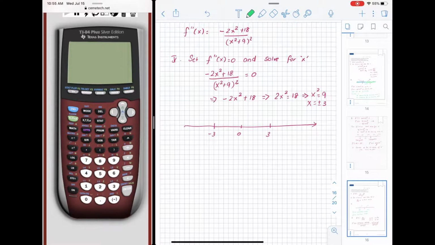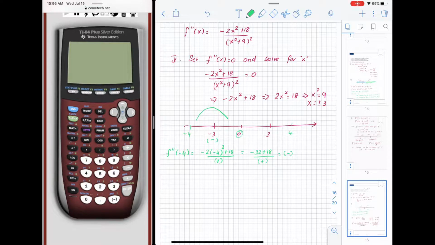I want to pick test points here, so I'm going to pick negative 4, 0, and positive 4. f double prime of negative 4 is negative 2 times negative 4 squared plus 18. The denominator is always going to be positive. So it's negative 2 times 16, which is negative 32, plus 18, over a positive number, which would give me a negative number.